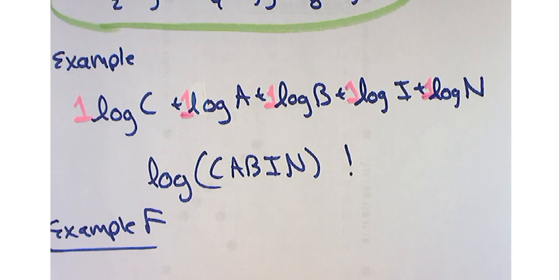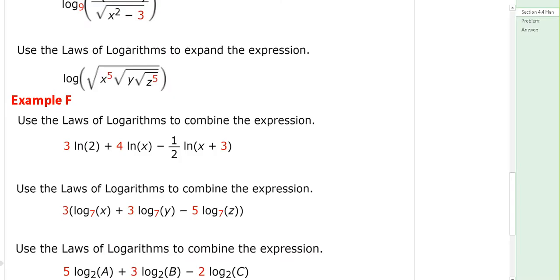So how does that impact us for a problem like the first one in number F? Well, let's see. We've got 3 ln of 2 plus 4 ln of x minus 1/2 ln of x plus 3.